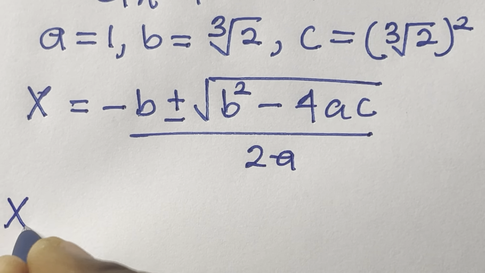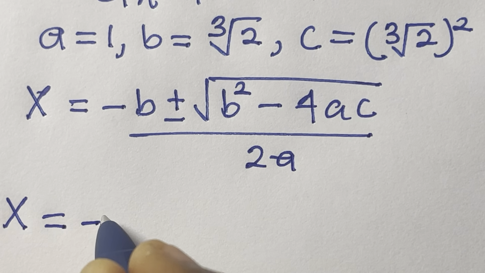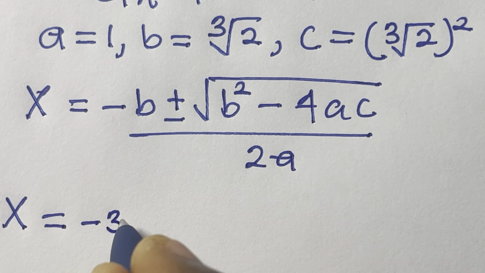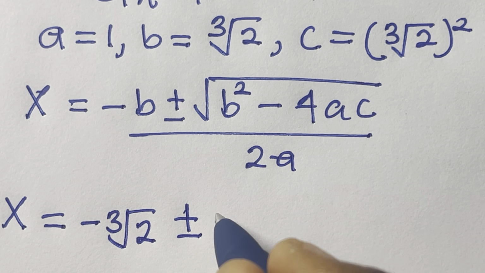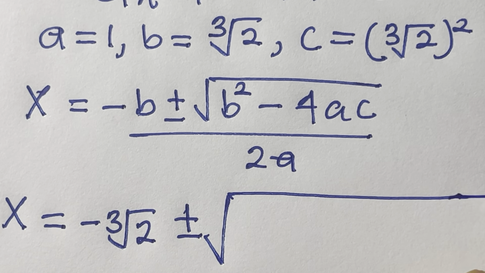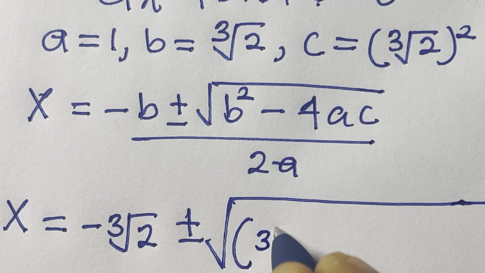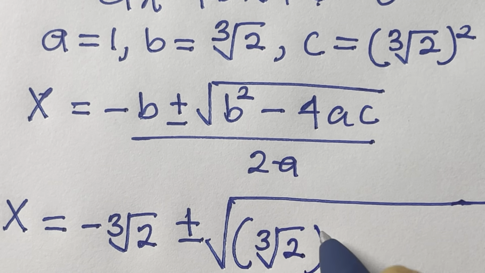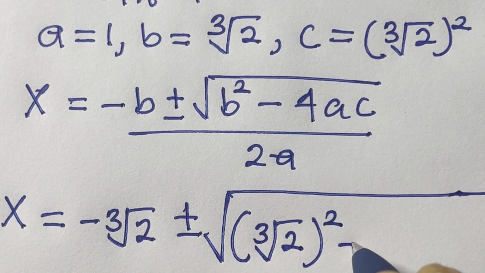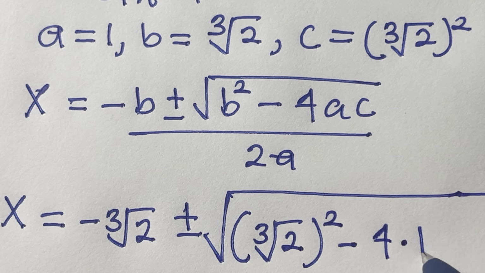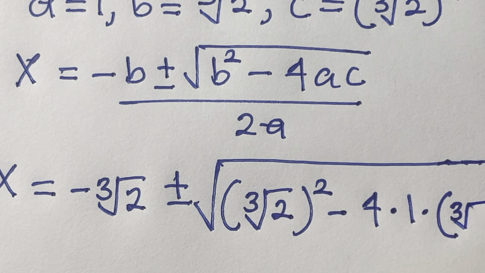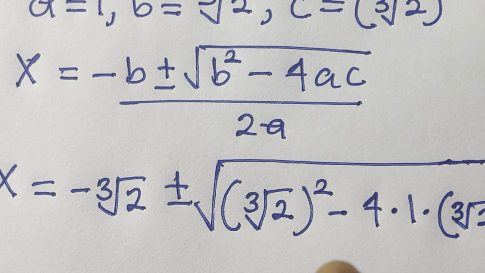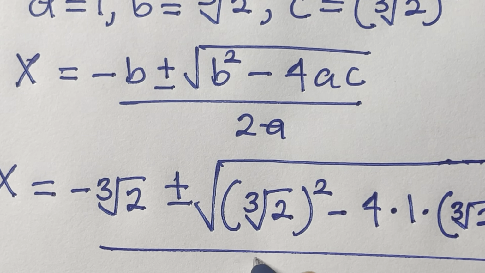So we'll have x equals minus b, our b is cube root of 2, plus or minus square root of cube root of 2 raised to the power 2 minus 4 times a, which is 1, times c, which is cube root of 2 raised to the power 2, divided by 2 times 1.